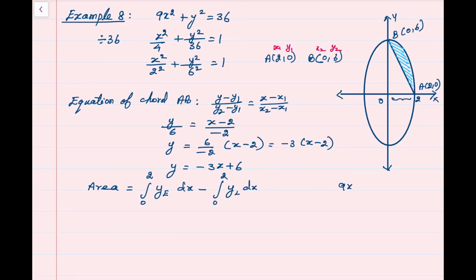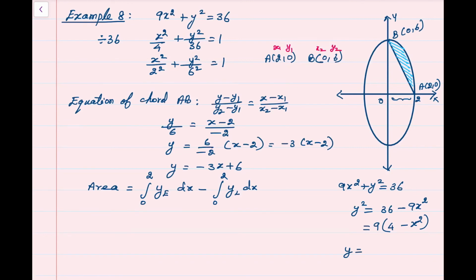The ellipse equation is 9x square plus y square equal to 36, from which y square is 36 minus 9x square. Take 9 out, 4 minus x square. Y will be, we need not write plus or minus sign because we are using the curve in the first quadrant.